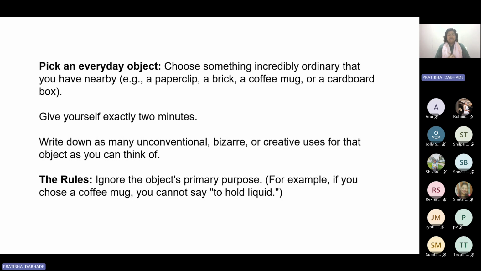And write down as many creative uses as you can of that particular object. Come on. It can be any object. Are you doing it? Yes or no? Or are you just listening to me? Yes, ma'am. Do it immediately.